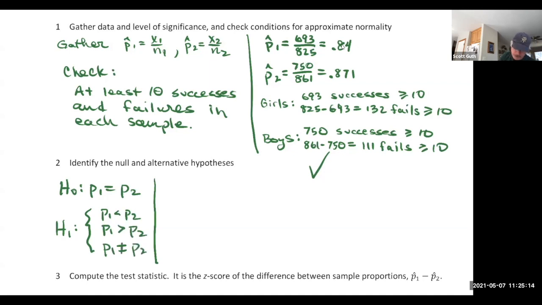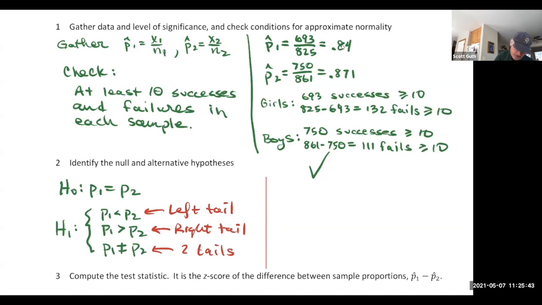And again, this is for left tail, right tail, or 2-tail tests. I'll go ahead and write that in one more time. So this is for the left tail test. This is right tail. And the last one is for the 2-tailed test. Okay, any questions?